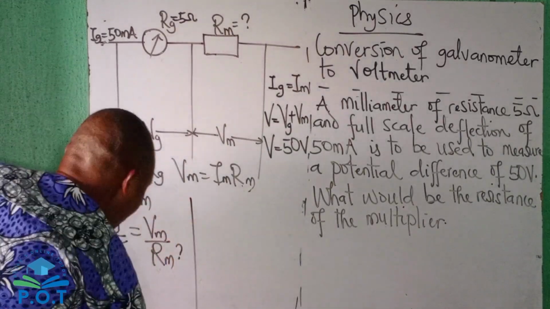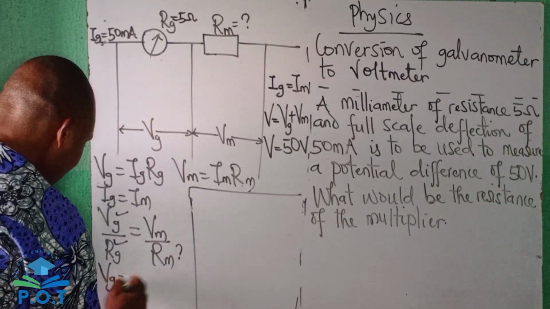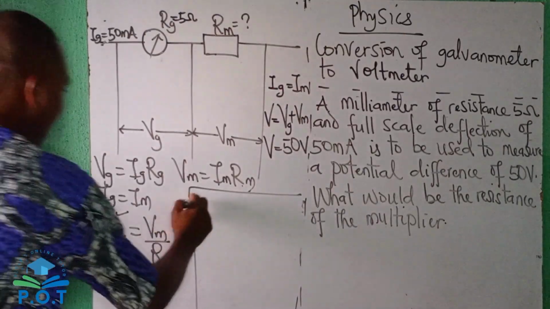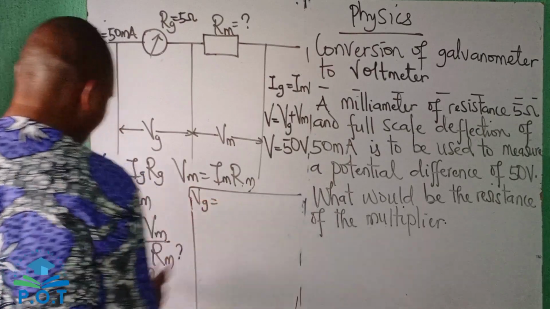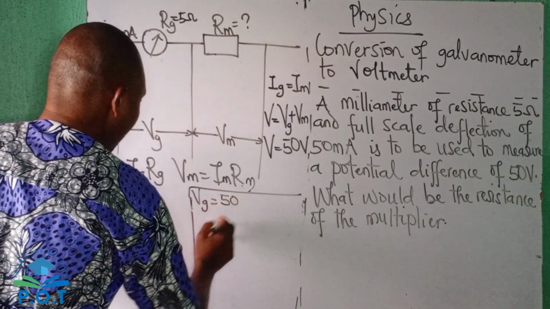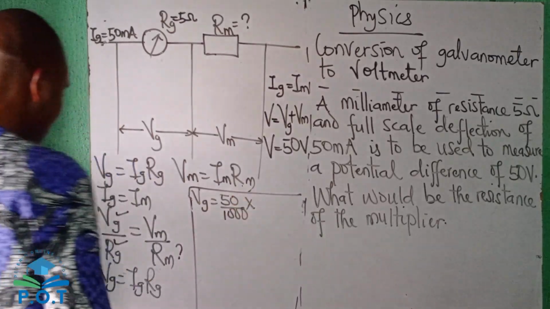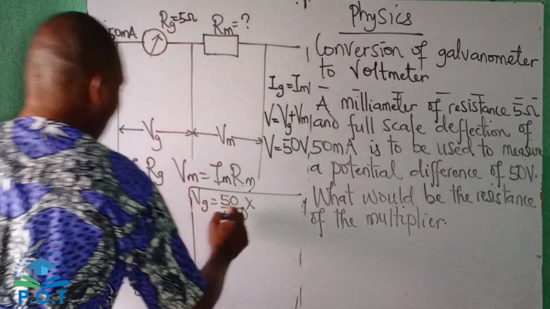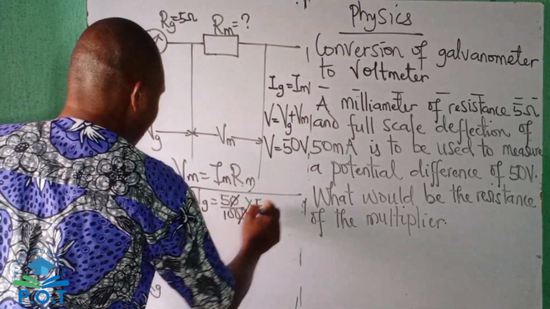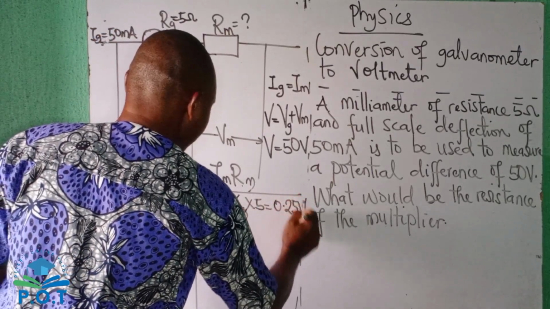Vg is equal to Ig Rg. Our Ig is 50 milliampere, so you divide it by 1000, times our Rg, which is 5. By the time you cancel, you have 25 over 100, that is 0.25 volts.